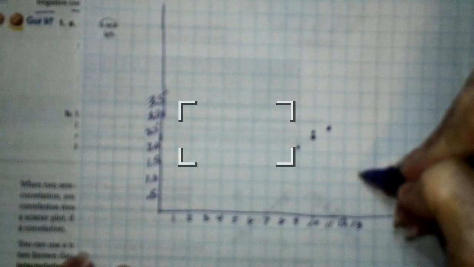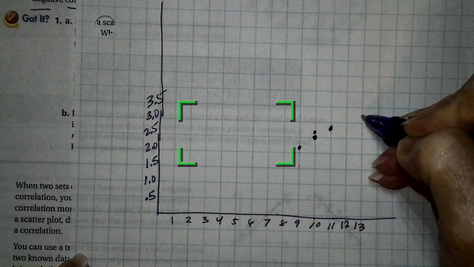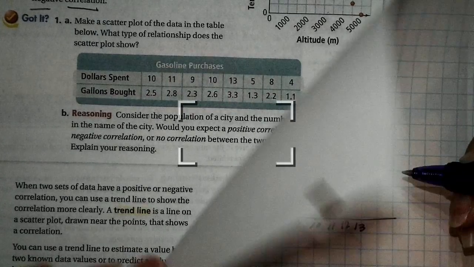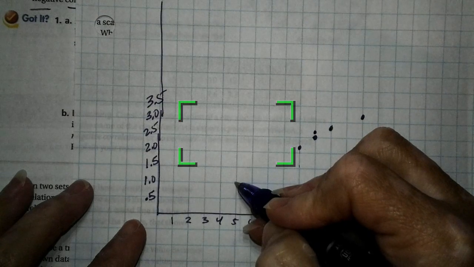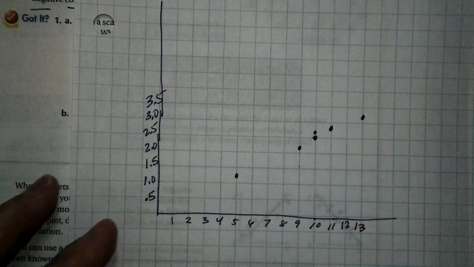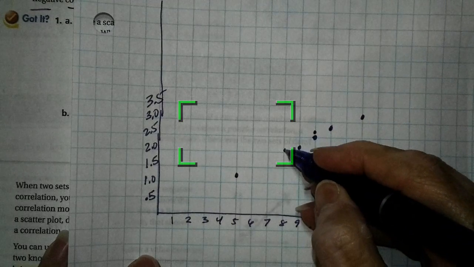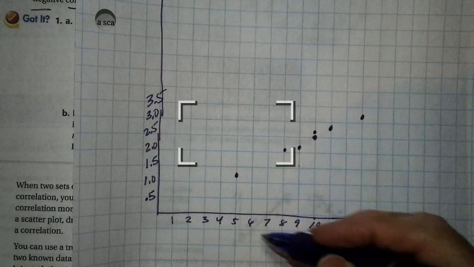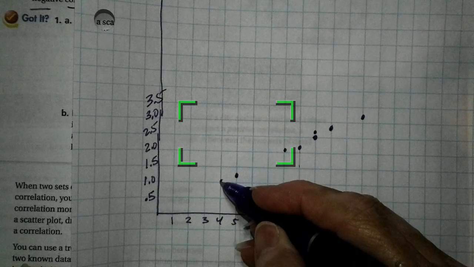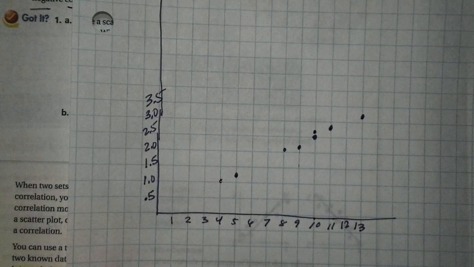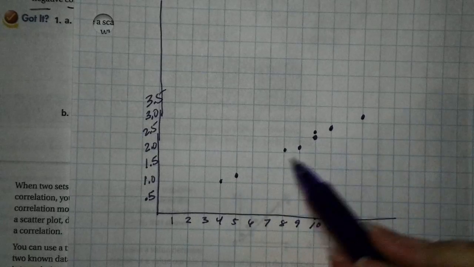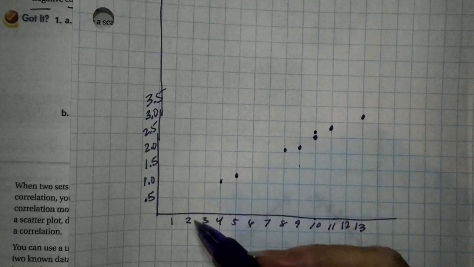Okay, so 13 and 3.3. That would be somewhere right there. 5 and 1.3, somewhere right there. 8 and 2.2, and 4 and 1.1.